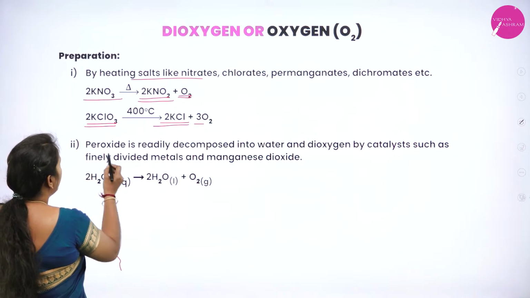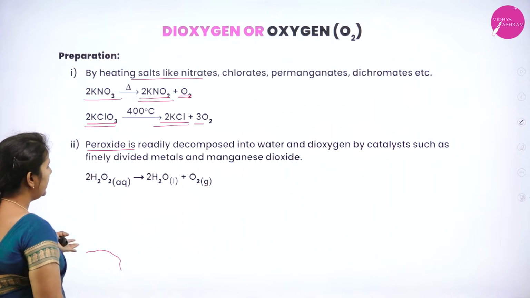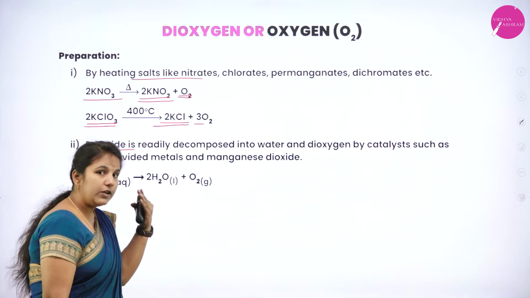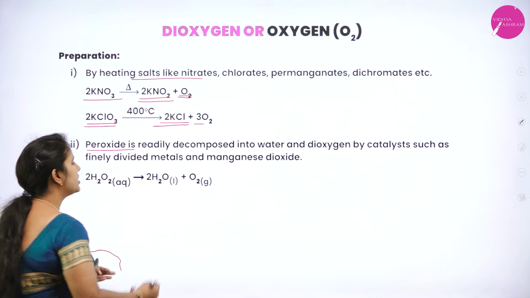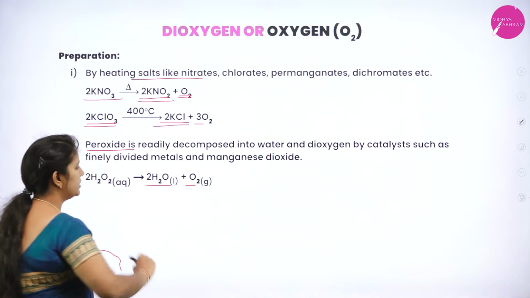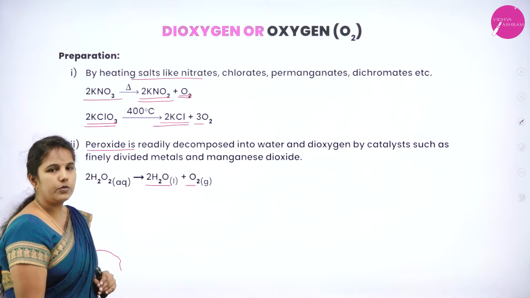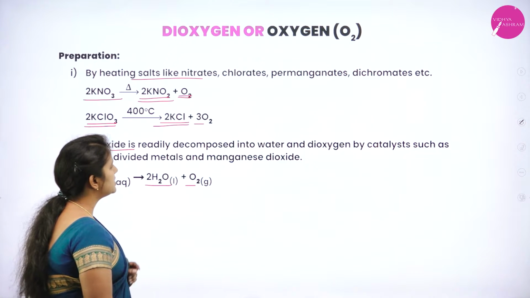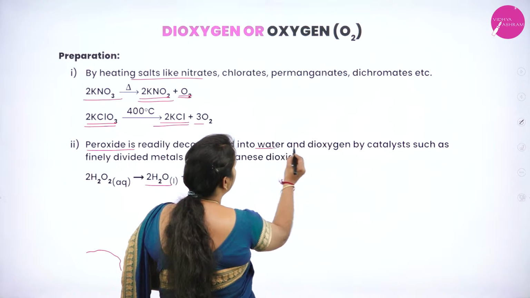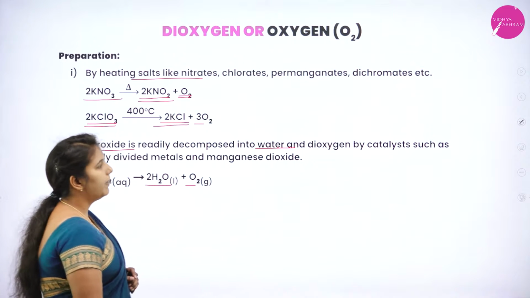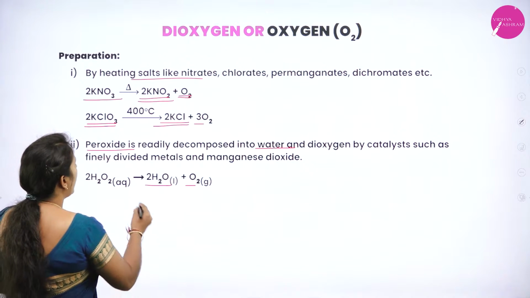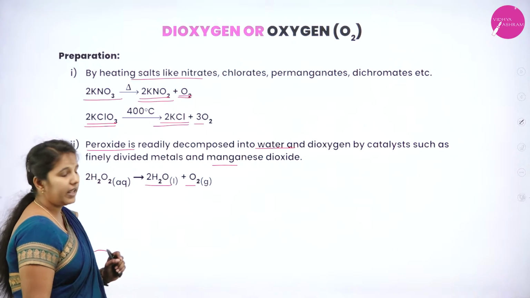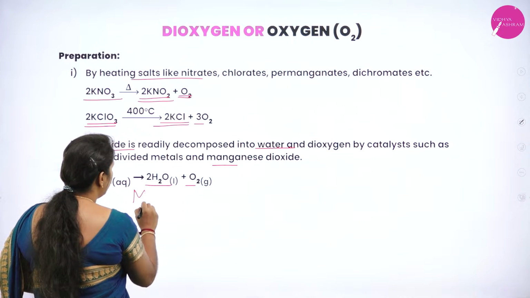So here, if I consider the peroxide decomposition reaction, the peroxide upon decomposition gives us water and oxygen. Okay, so during this process, a lot of heat will be released. The peroxide is readily decomposed to give water and dioxygen by catalysts such as finely divided metals and manganese dioxide, that is MnO2.